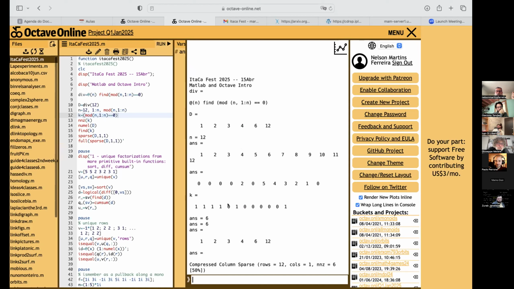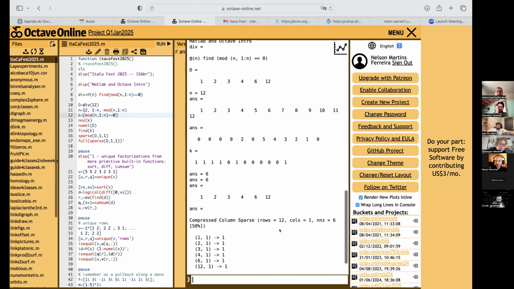So this k is a logical vector which marks the positions where there are 0 in this vector. And when we use the function find, find of a logical vector gives us the indexes where the positions are 1. That's how we extract the divisors of 12.